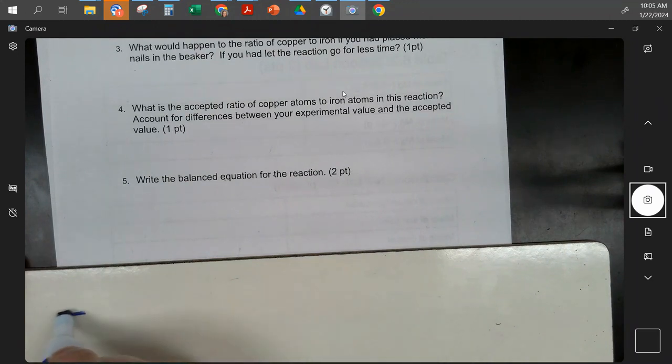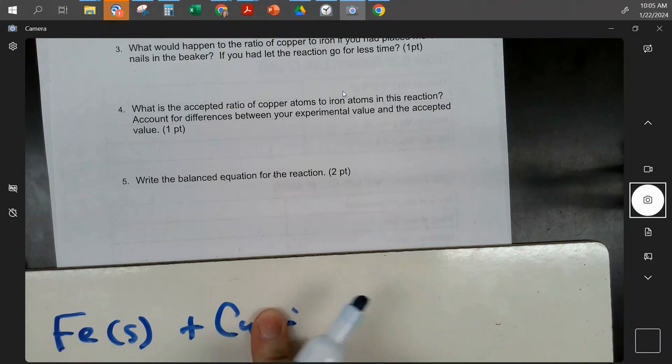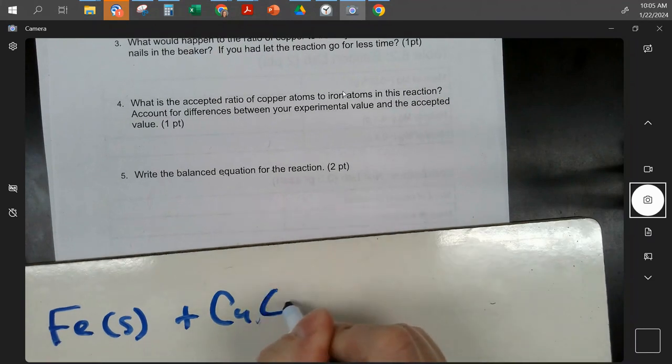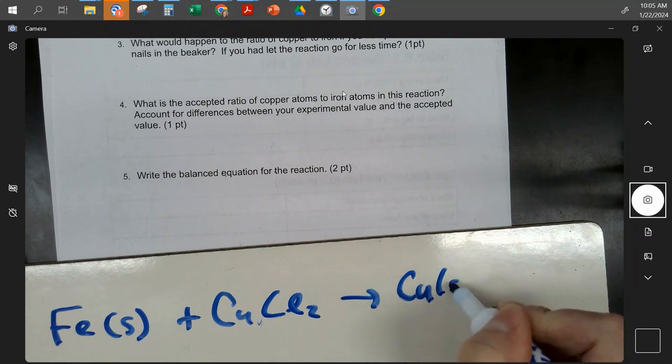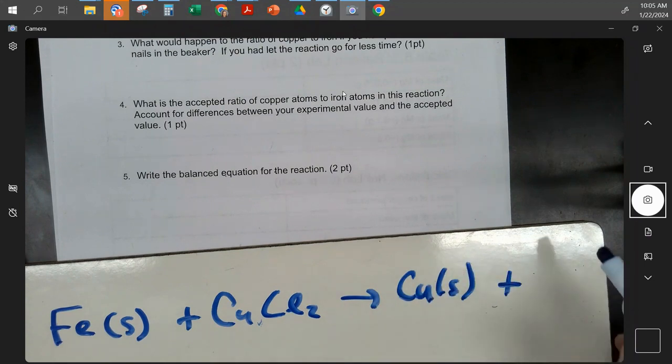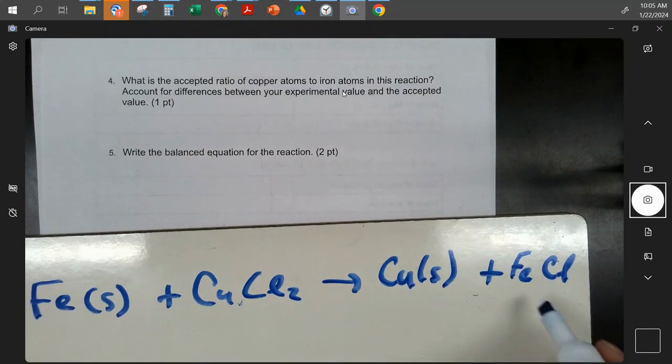So we talked about we have iron, which is a solid. We added it to copper chloride. And then this goes to copper, which is a solid. Plus, this is what we're looking for, iron chloride. We're trying to figure out the ratio. We don't quite know this.